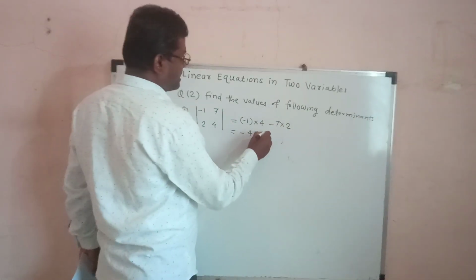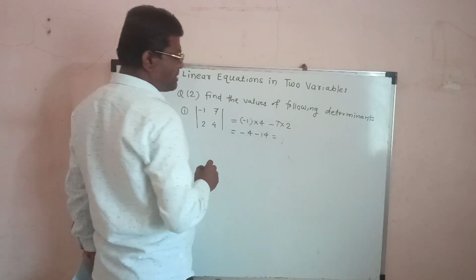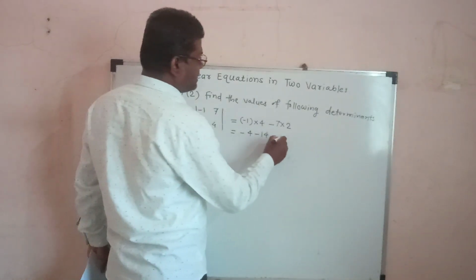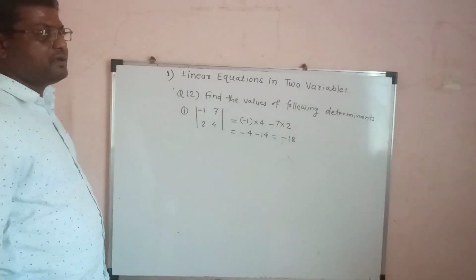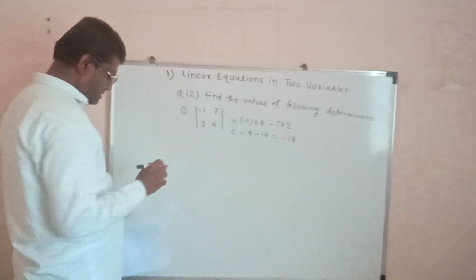Minus 7 into 2, that is -14. -4 minus 14 is -18. So the value of this determinant is -18.